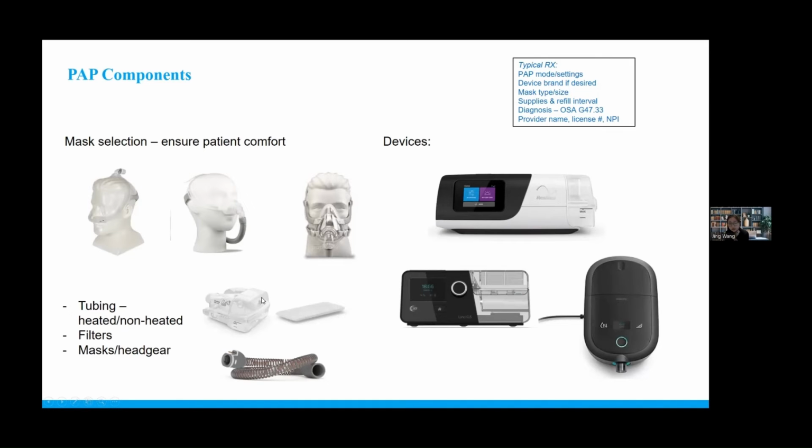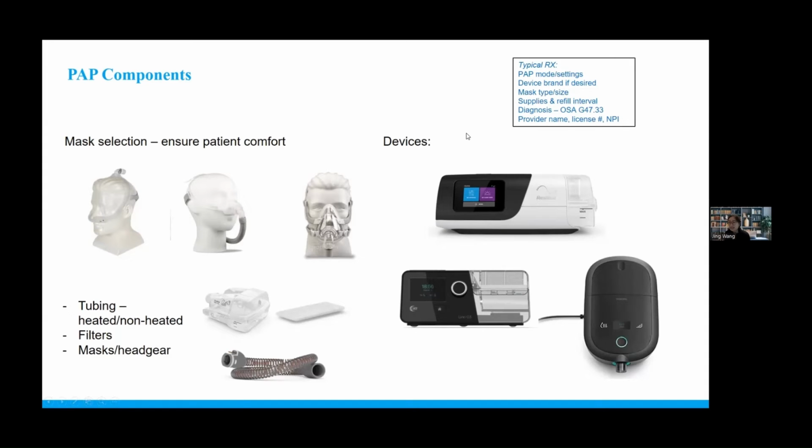In addition to tubing, patients will need supplies like filters, which need to be changed out every month, and the water chamber, in which patients put distilled water for humidification purposes. Here's a sample of what a typical prescription for auto PAP or PAP should include. Obviously you want to put in your PAP mode and your settings, whether it's CPAP, APAP, or bilevel. I don't usually specify the brand of the device, unless the patient specifically wants one particular brand.